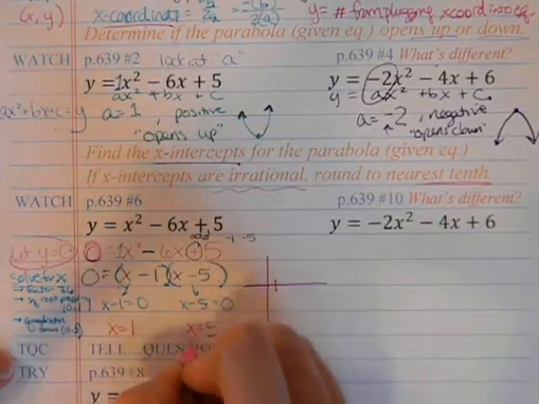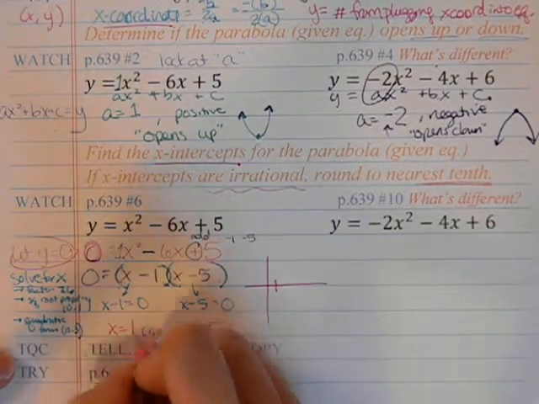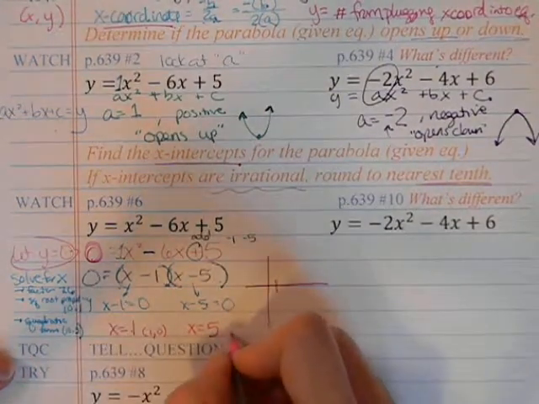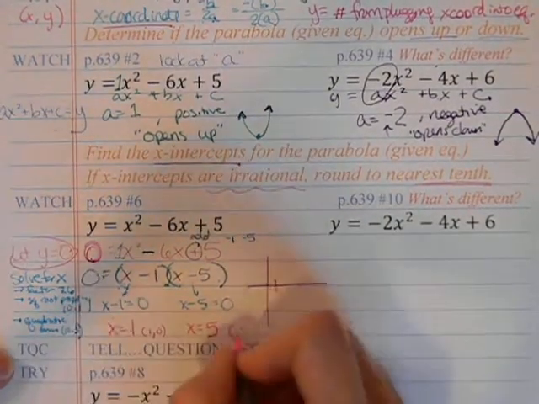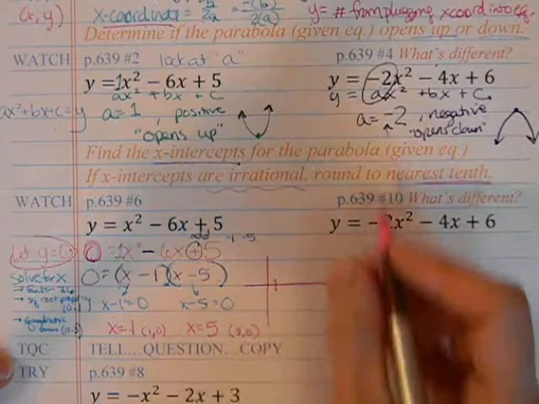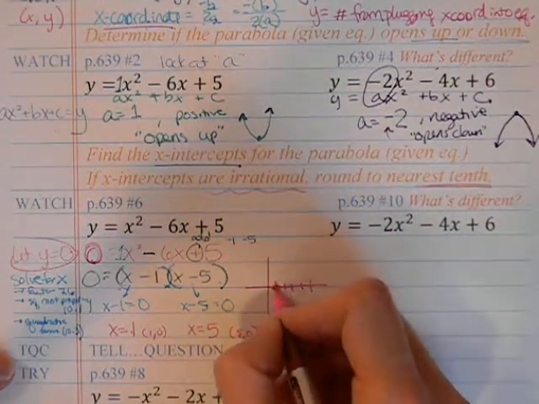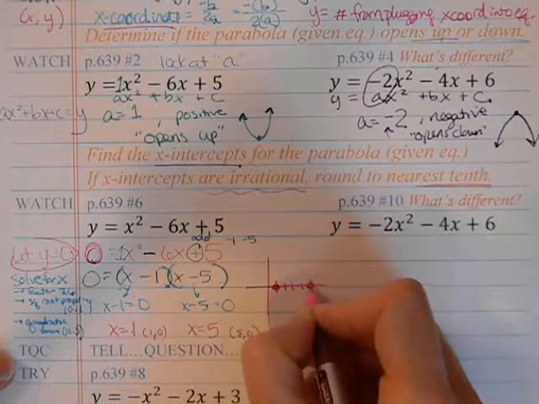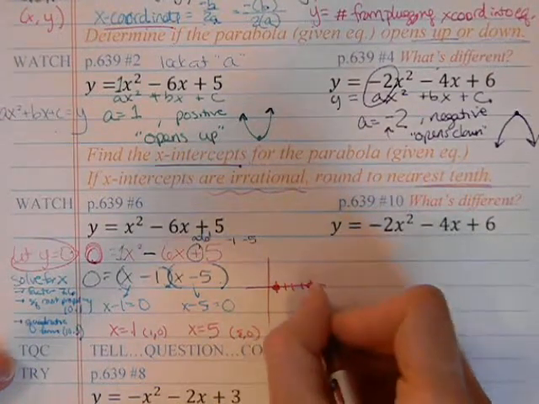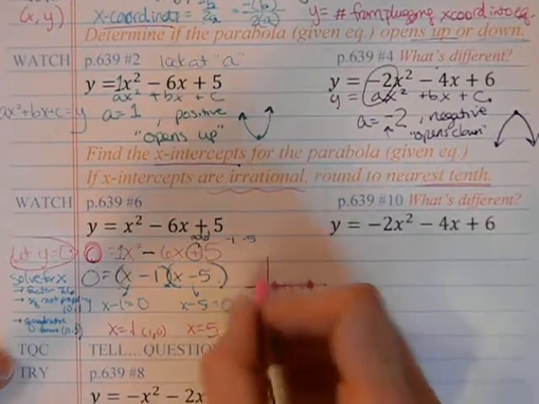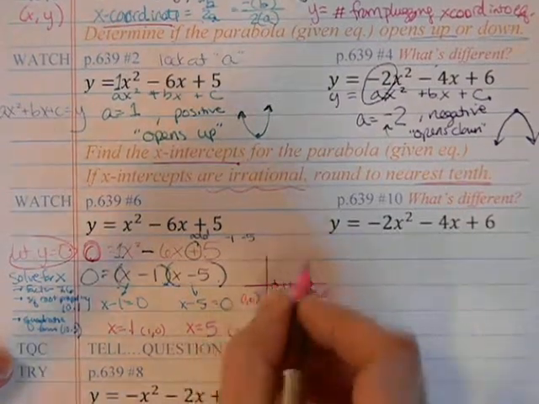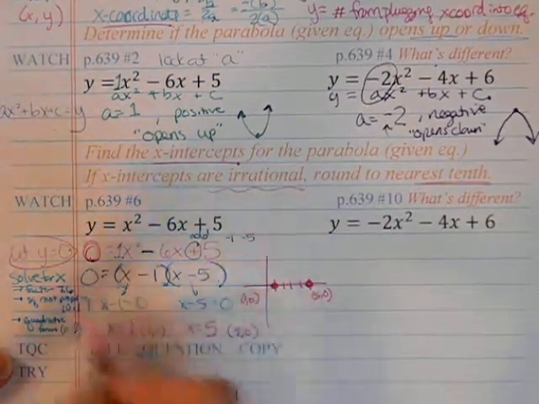So we've got the point 1, 0, 1 for x, 0 for y, but it also creates a 0 at y when you put 5 in for x. So 2, 3, 4, 5. So here's one of the x-intercepts at 1, 0. Here's another x-intercept at 5, 0. Now that's all we know. We haven't investigated anything else on this particular round.